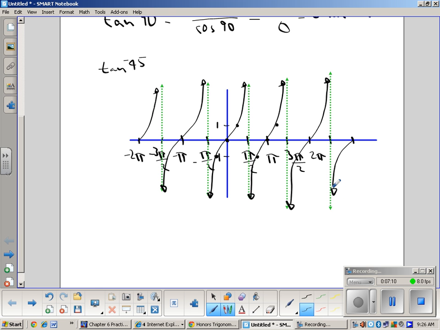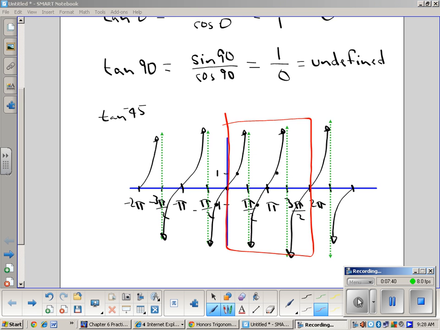That's what it would look like if I went from negative 2 pi to a positive 3 pi. If they told me to graph it from 0 to 2 pi, then I would just graph this right here, which you can't see on the video, so let me box this in.